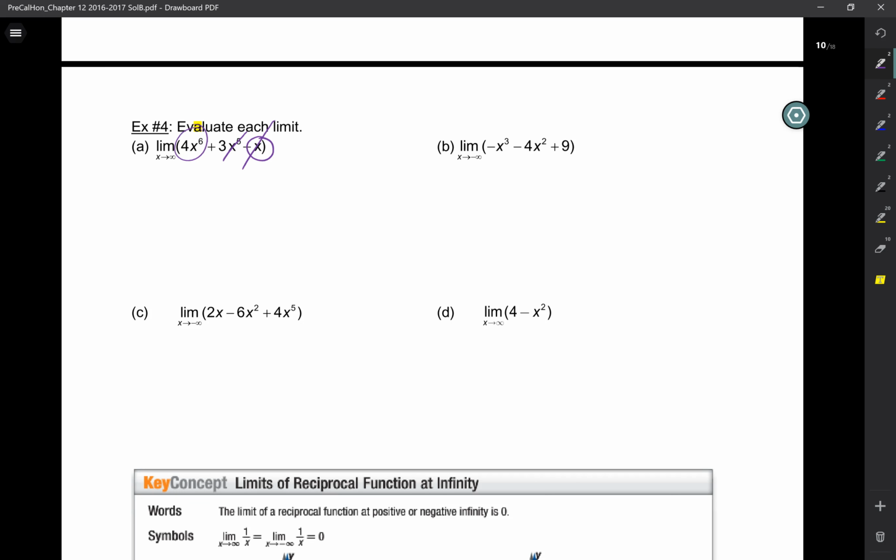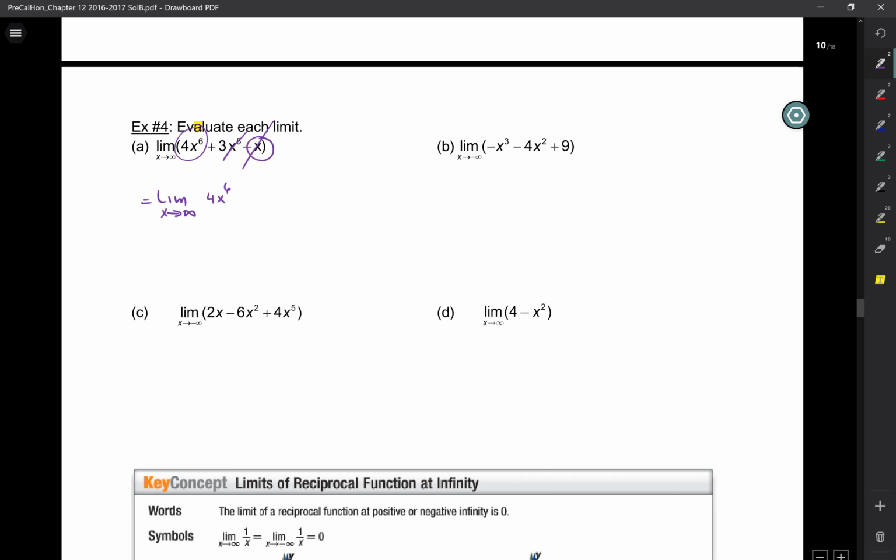Can you imagine that? So at the infinities, you can ignore everything but the term with the highest power. These terms are negligible. You could just ignore them. So now you just have the limit as x approaches infinity of 4x to the power of 6.